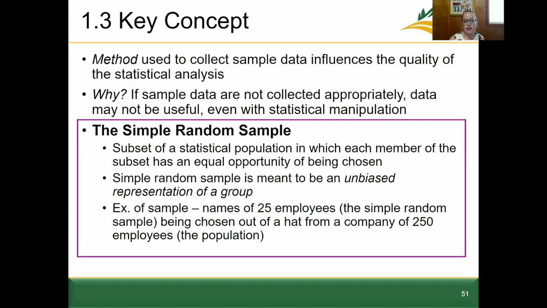One example you can think of, if you have names of 25 employees, the simple random sample means that 25 employees being chosen out of a hat from a company of 250 employees, which would be the entire population. So if you are following a simple random sample, each of the 250 employees in the population has the same chance of being selected out of the hat. You can see how that would be a little bit less biased instead of let's pick that employee, etc.